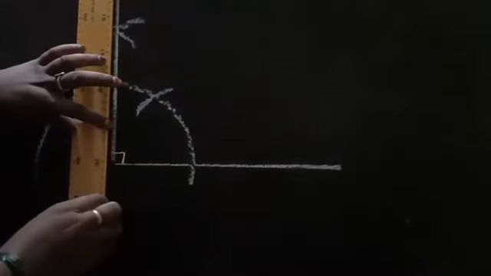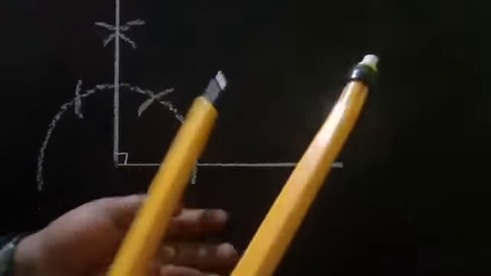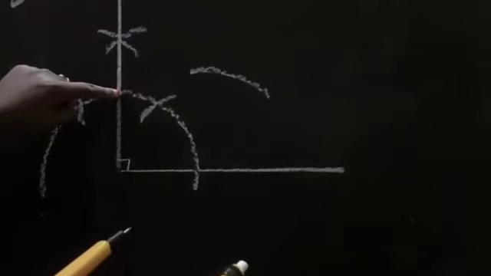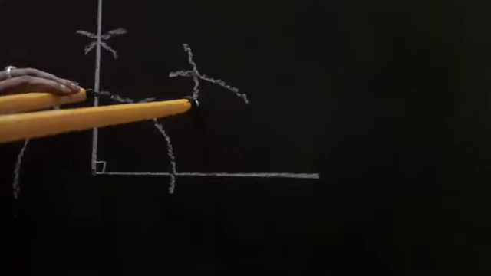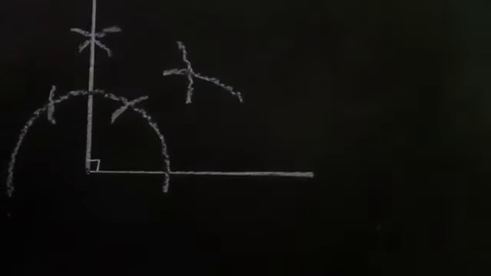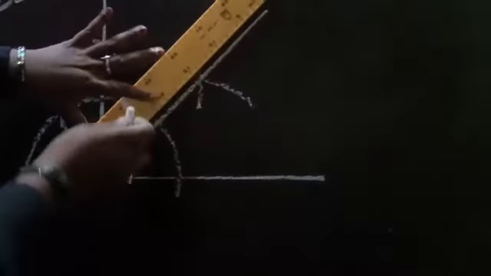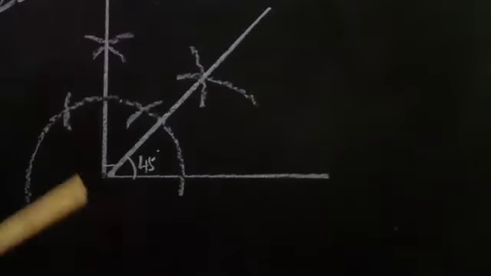This is 90 degree. Bisecting 90 degree it is 45 degree. So again adjust your length, this is first arc. Only 90 degree we are going to bisect. From here to here second arc, join this, we'll get now 45 degree. This is because of bisecting 90 degree.